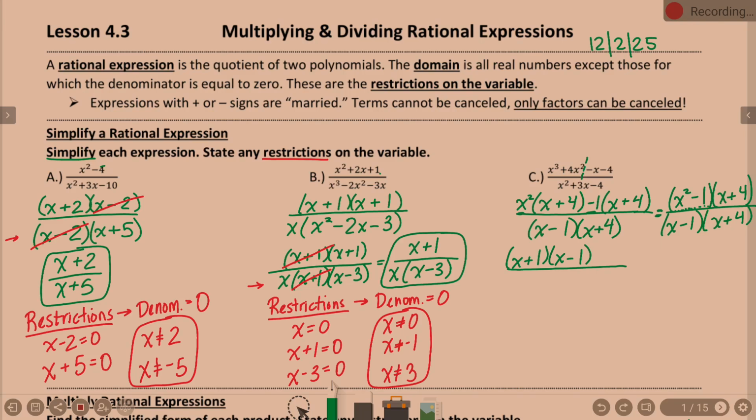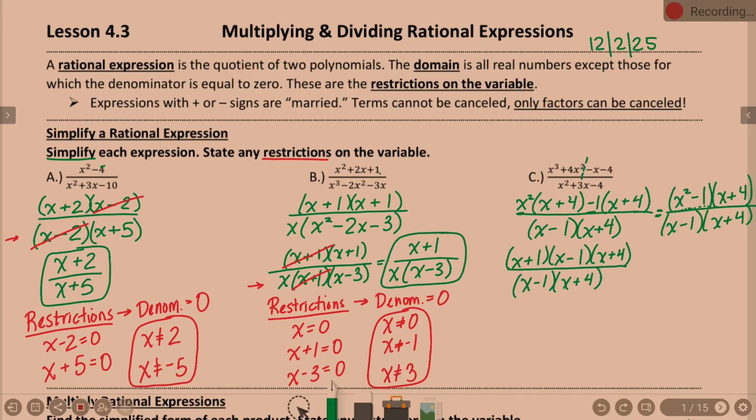A plus and a minus sign. Okay, so that's the x squared minus 1. X plus 4, carry it along. Denominator was x minus 1 and x plus 4, carry it along. Okay?